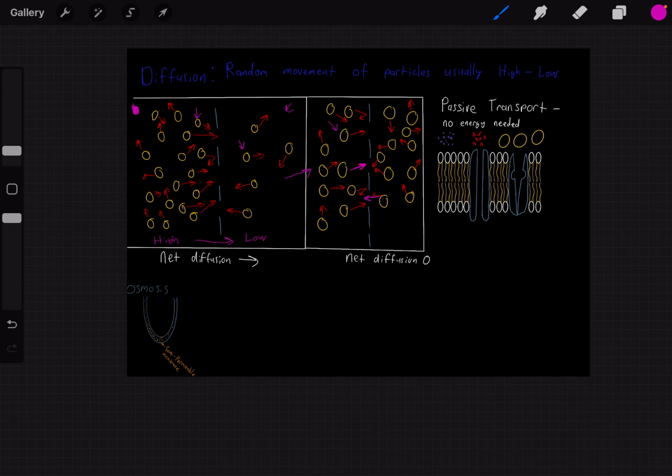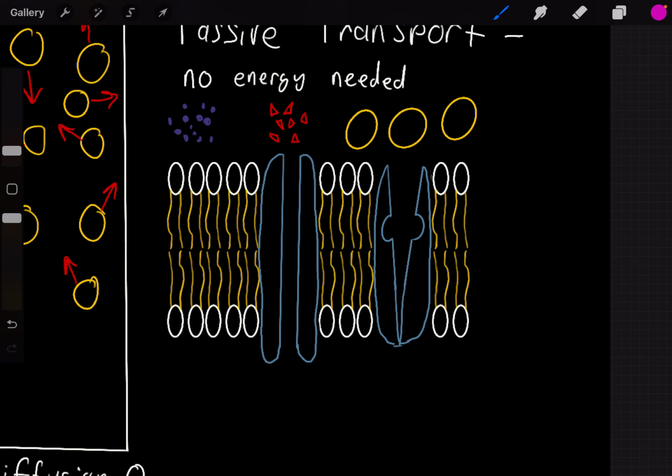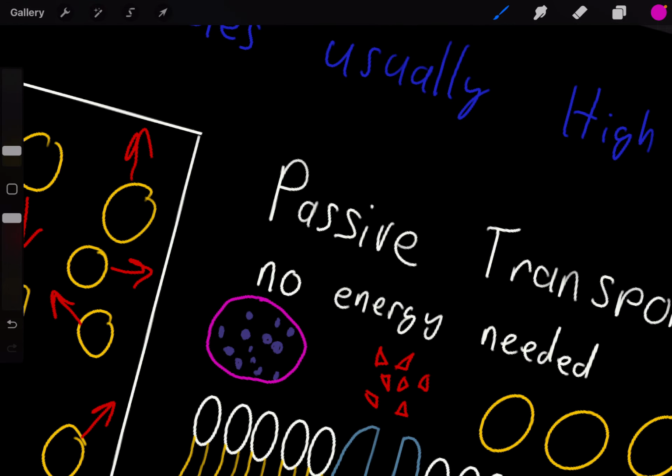So that is diffusion. Now let's talk about passive transport. Again, we need to talk about simple diffusion first. We have these molecules right here that are non-polar.